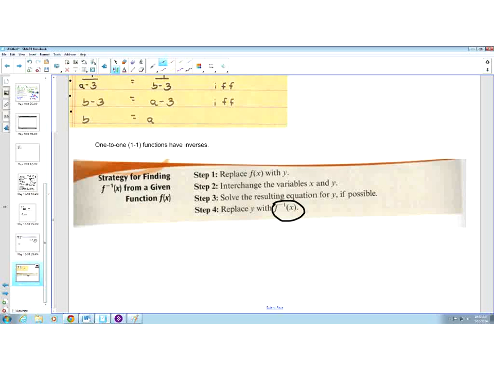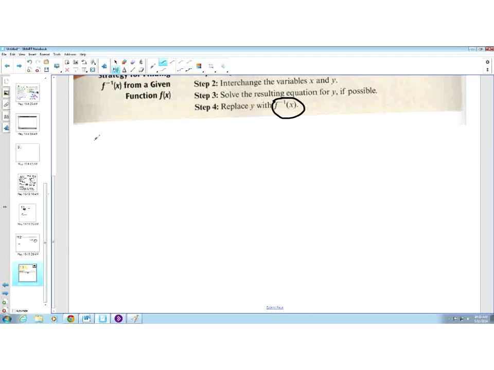So I'm going to use this strategy for finding the inverse of, say, f of x equal to 1 minus x divided by 1 plus x. That's a plus. We want to find f inverse of x.